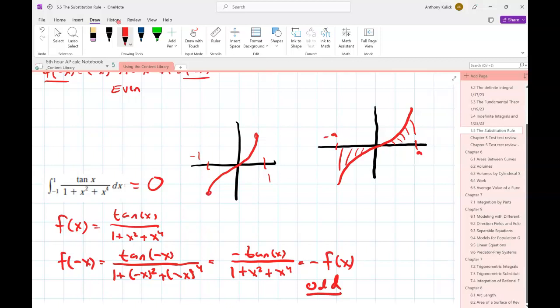It looks like this. Something like that. So tangent is odd, cotangent is odd, and arctangent too. Yeah, I think you could say that.